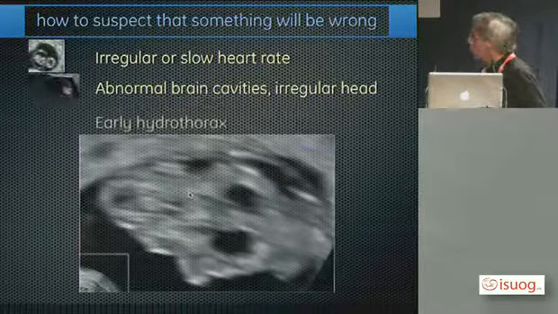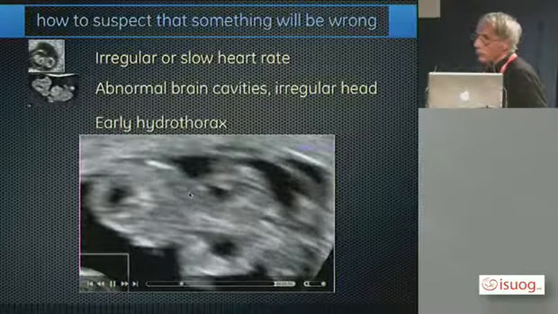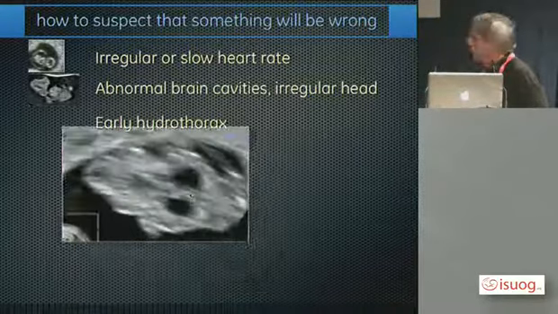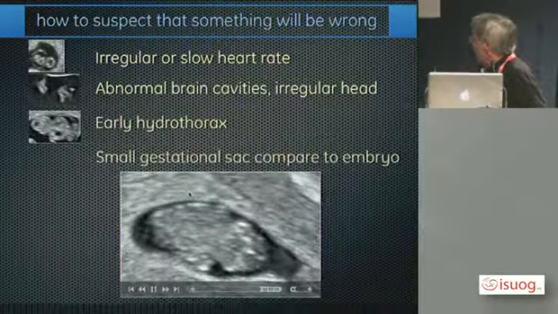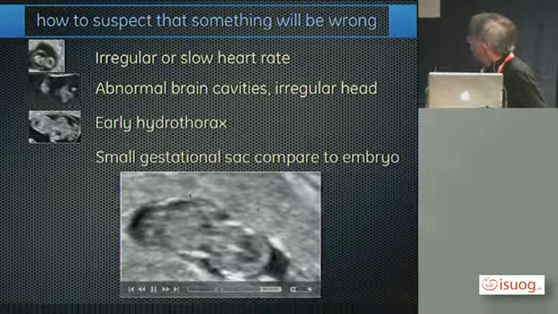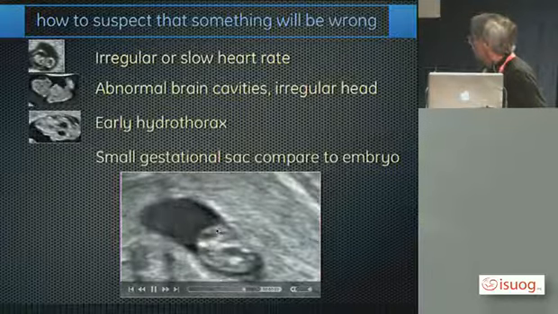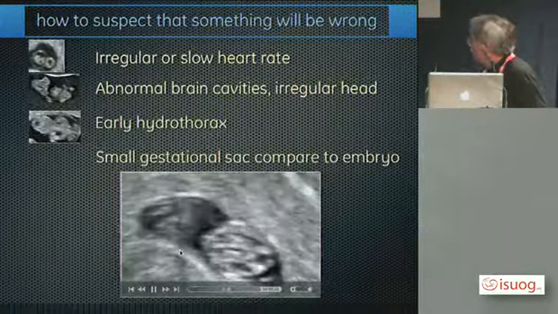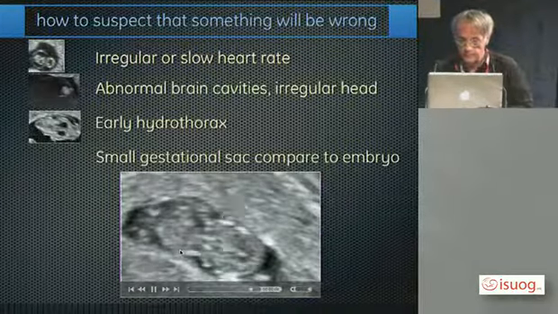Early hydrothorax, you can do nothing, only a checkup 1 or 2 weeks later. Small gestational sac compared to the embryo, here. You have no amniotic fluid around and no extraembryonic coelom.